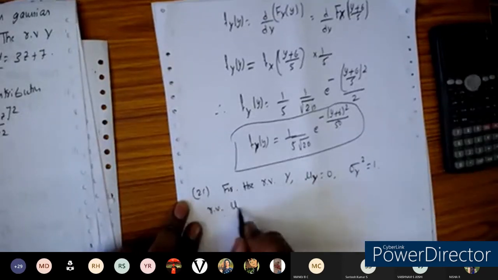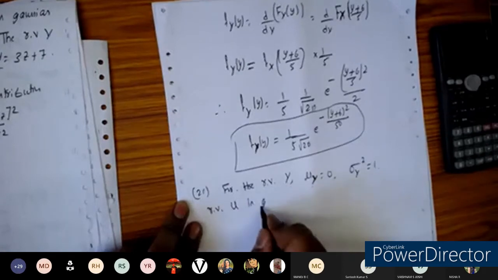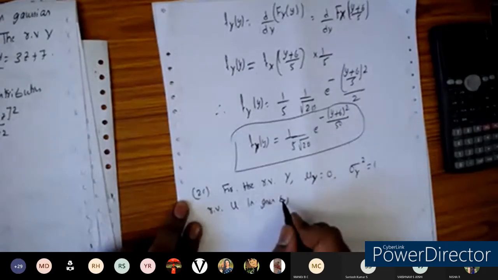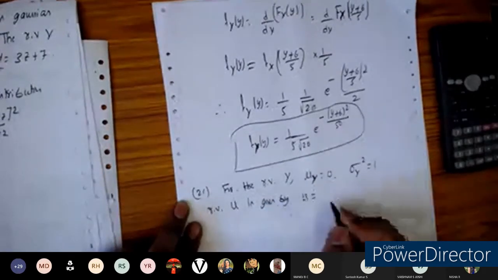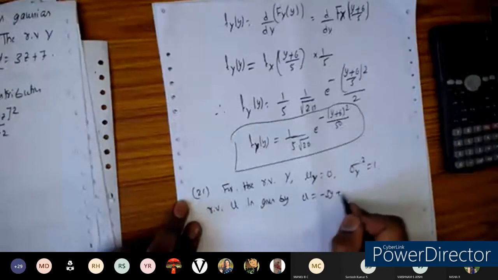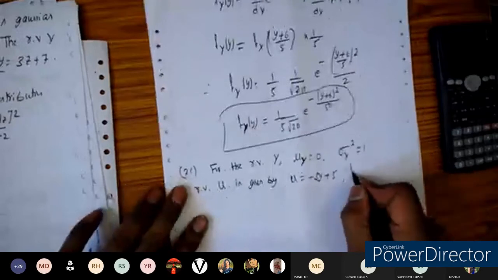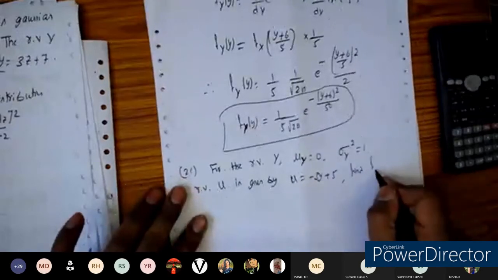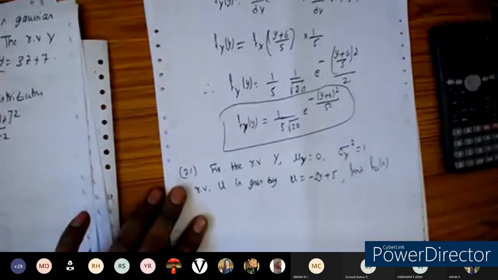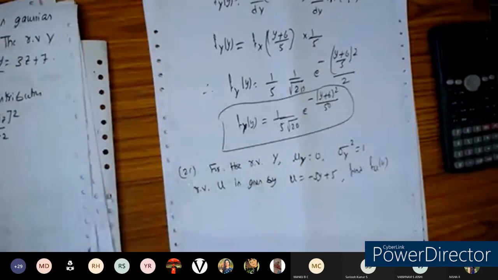Random variable u is given by u equal to minus 3y plus 5. Find the PDF of u here.